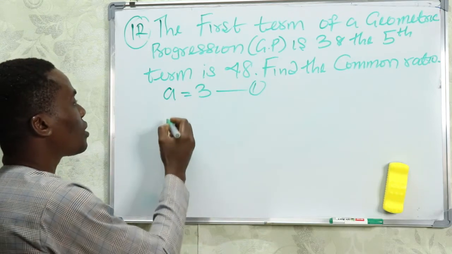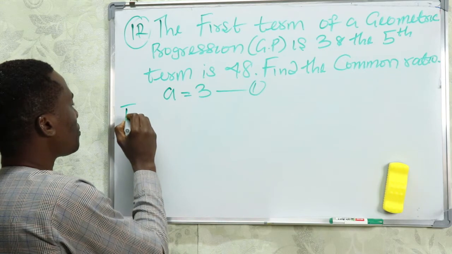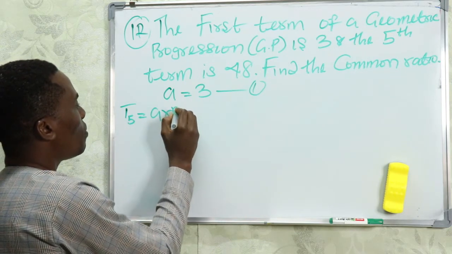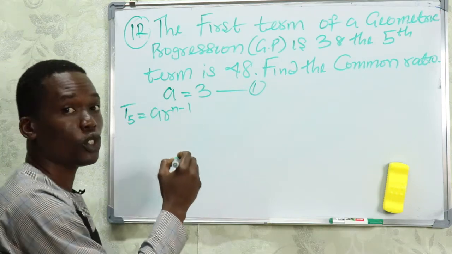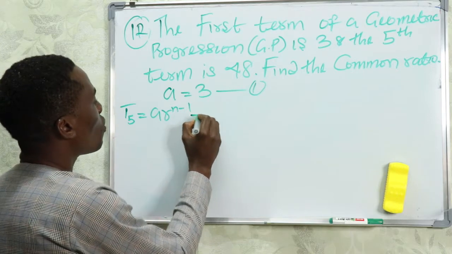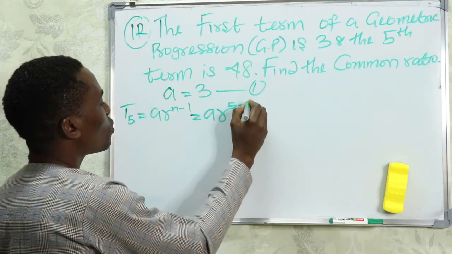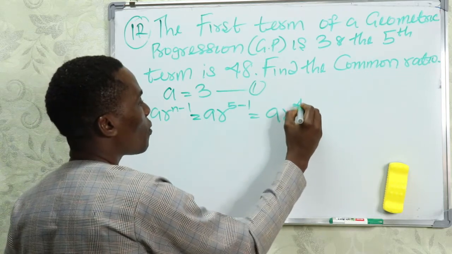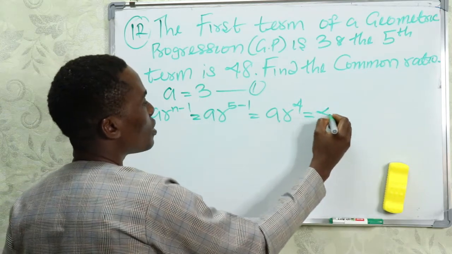Now the fifth term, which is T5, is equal to ar^(n-1), which is the general formula for the nth term of a geometric progression, is equal to ar^(5-1), which is equal to ar^4, and that, they say, is equal to 48.